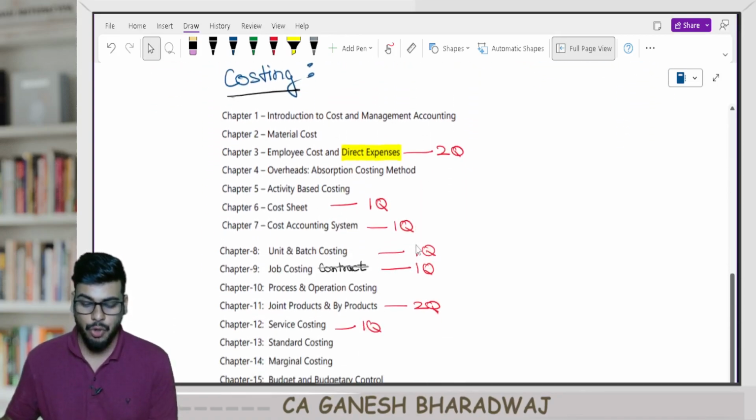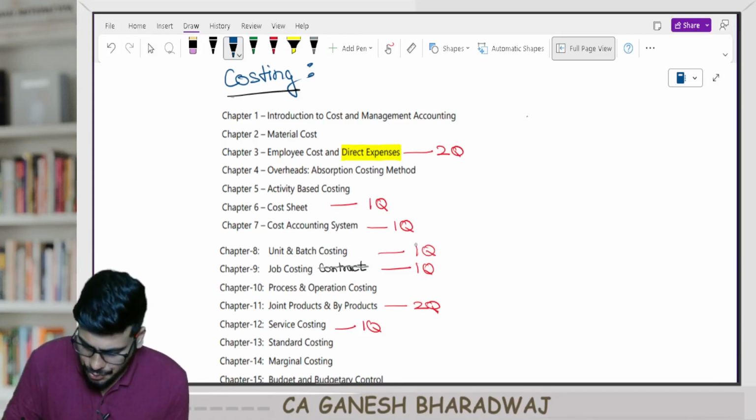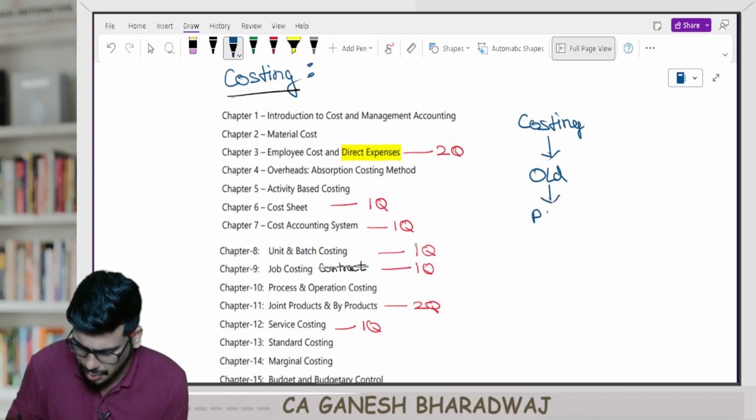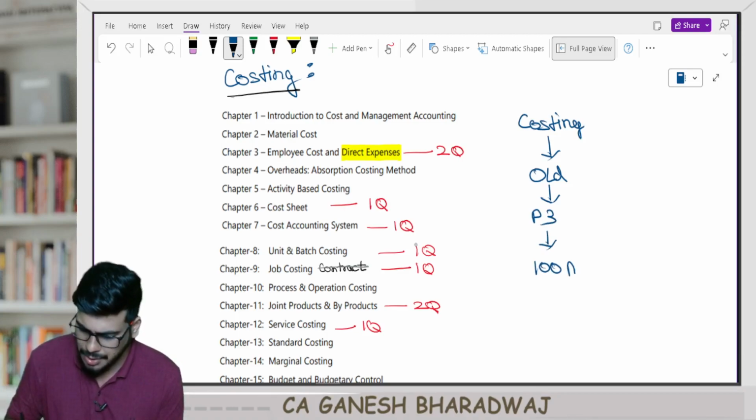Now coming to costing, cost and management accounting. Under the old syllabus, costing was tested in paper 3, which was in group 1, for 100 marks.